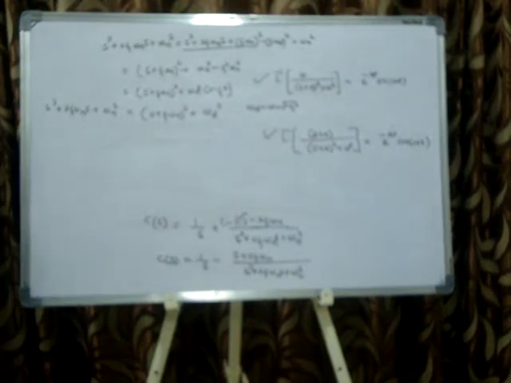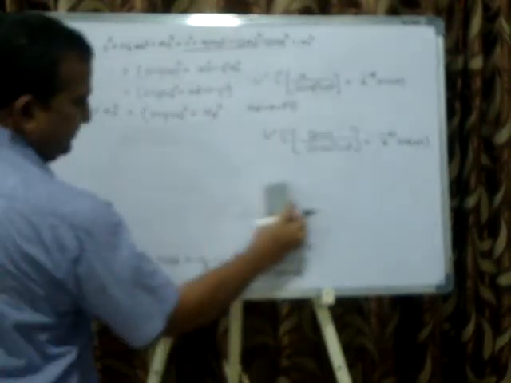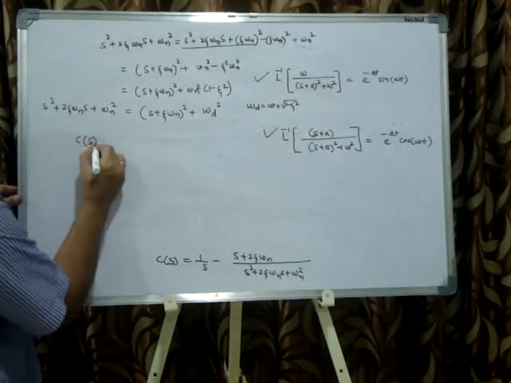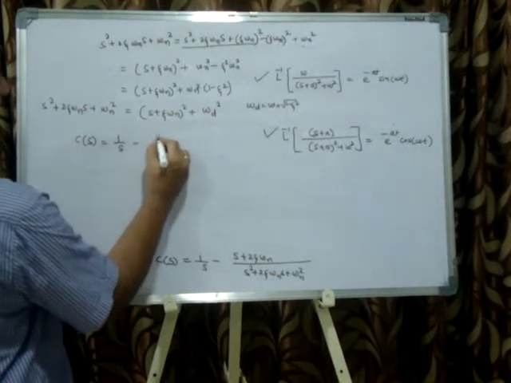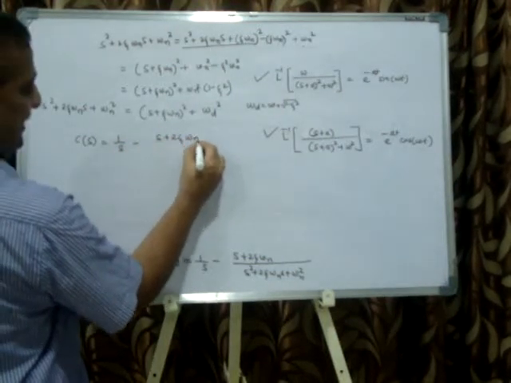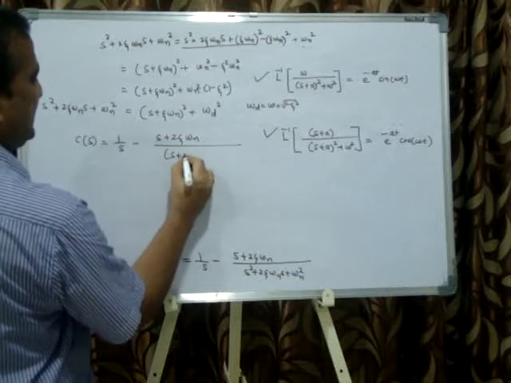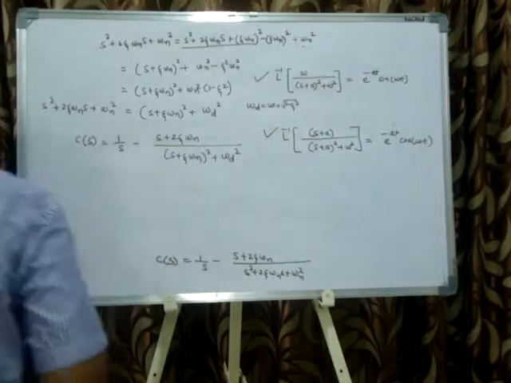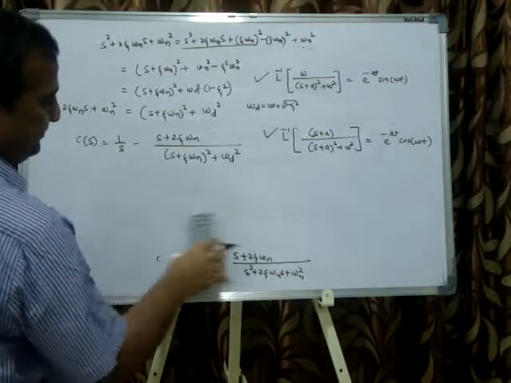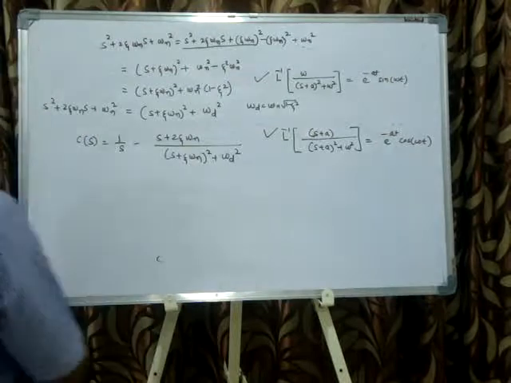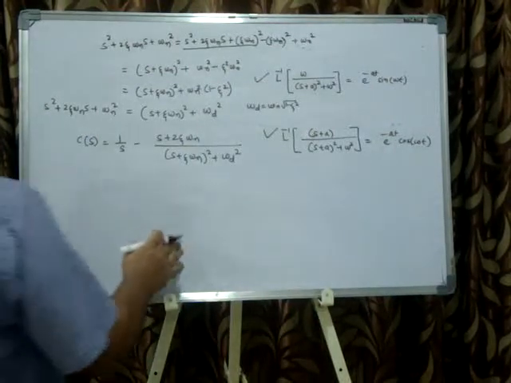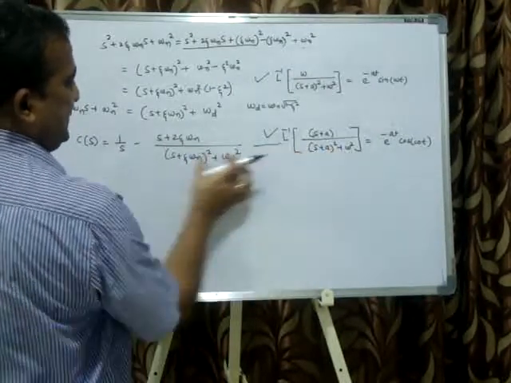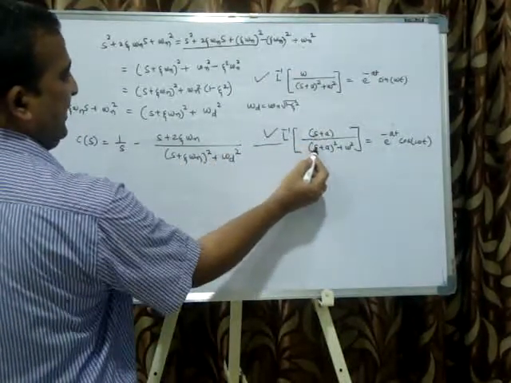Now I'll substitute in this equation. Now C of s equal to 1 by s minus s plus 2 zeta omega n divided by s plus zeta omega n whole square plus omega d square. Correct? Now you see the formulas. In this case, if I want to apply this formula, then the denominator is right, but in the numerator it must be s plus a.